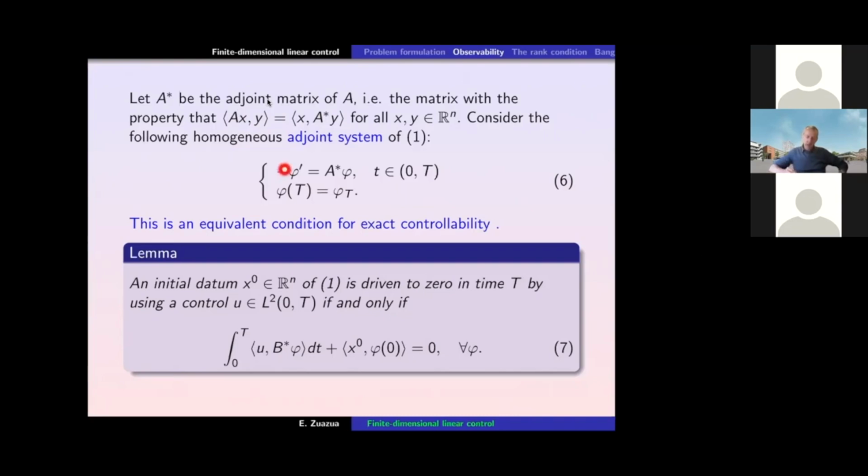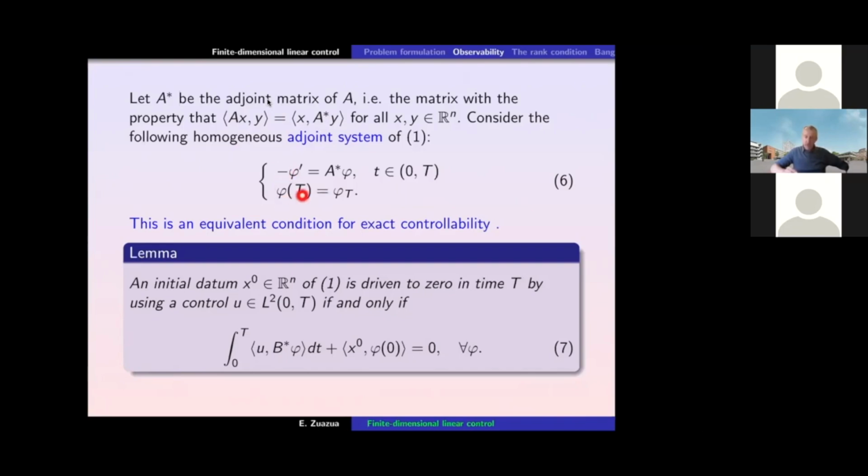On the other hand, on the adjoint, you reverse the sense of time as well. Plus into minus. On the other hand, because you have reversed the sense of time, right?